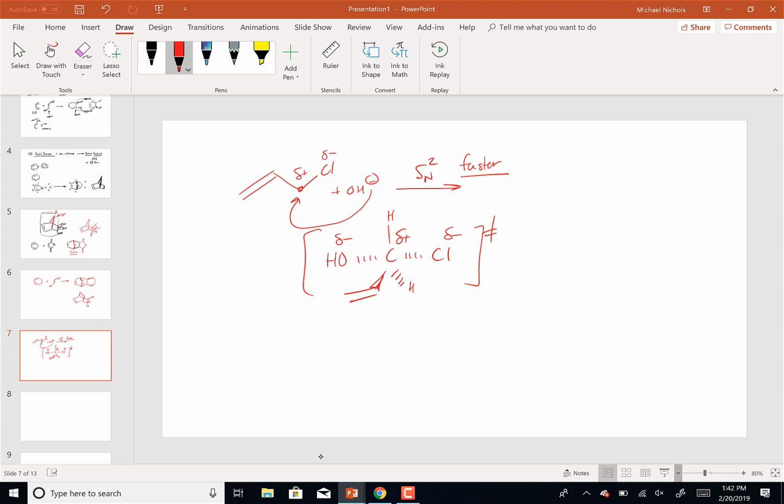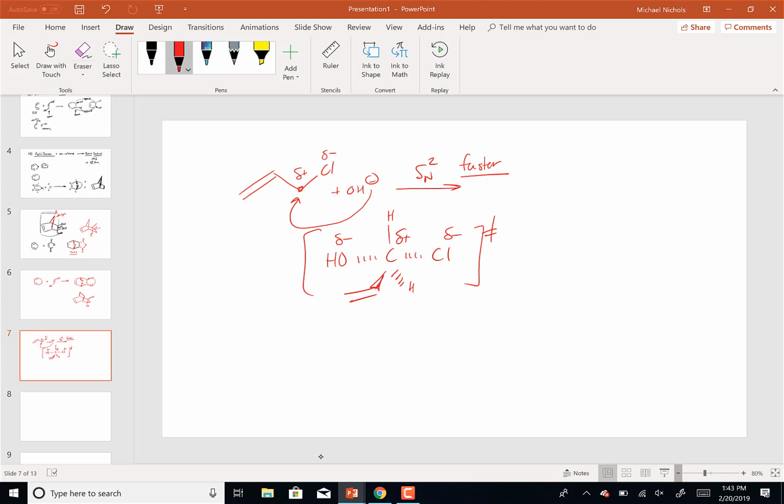And it all has to do with the stabilizing of this transition state. So I think that was the last thing in the alkene diene chapter that was left.